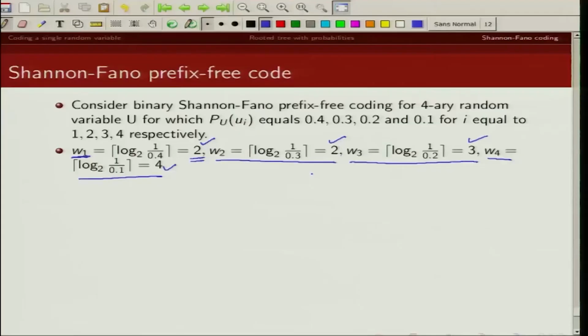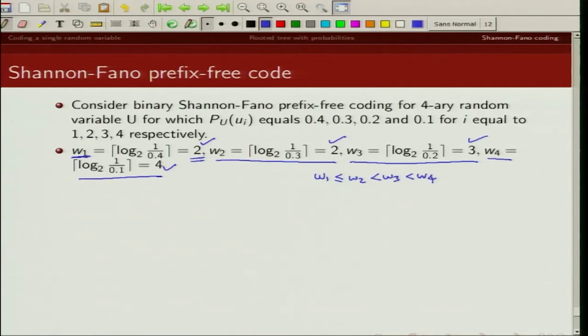And the way we do it is we draw a full D-ary tree of depth equal to the maximum of W1, W2, W3, W4. In this case that's 4. And then we arrange these code word lengths in ascending order. So we'll basically arrange them like this.